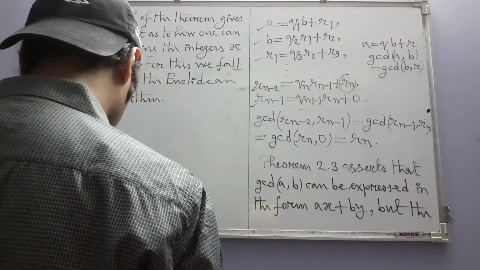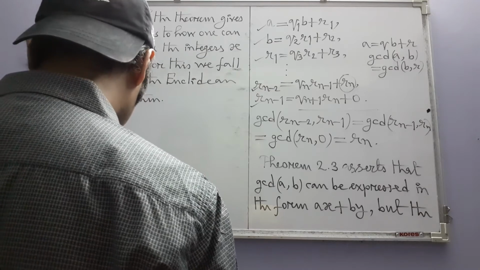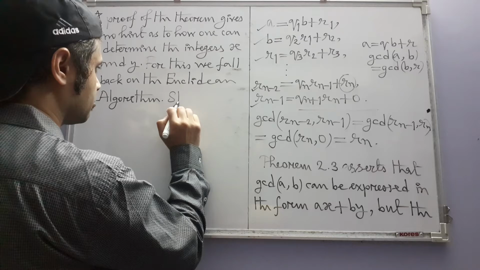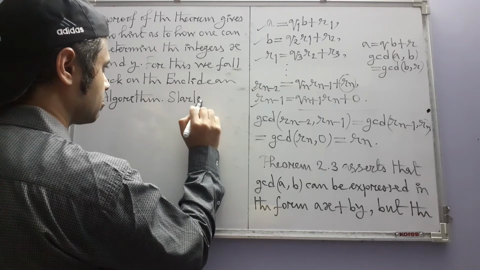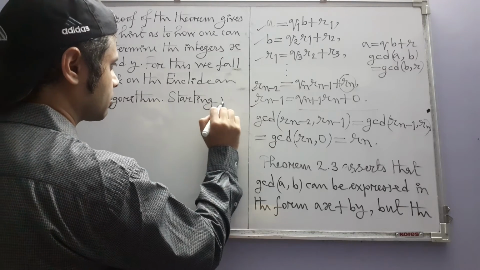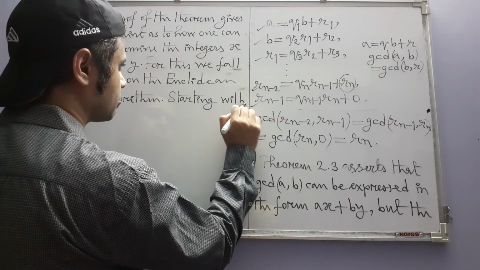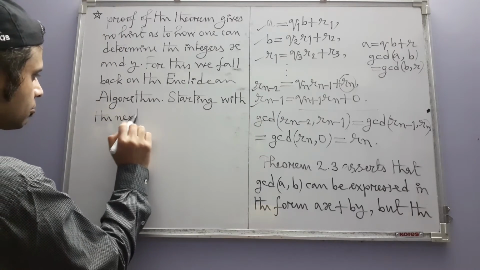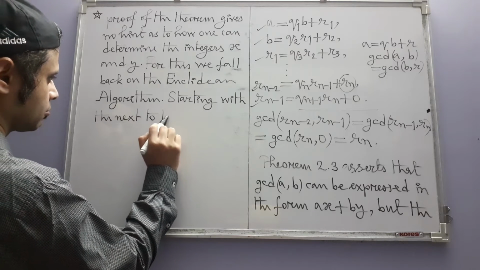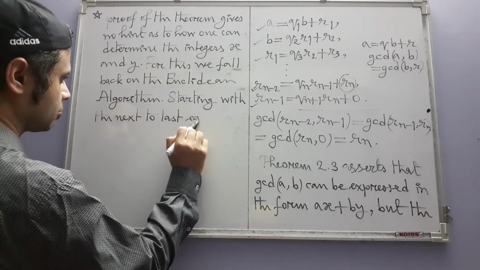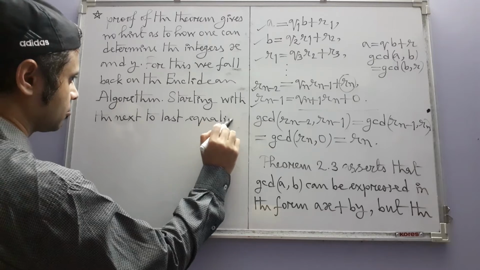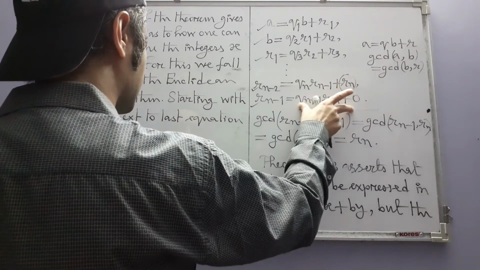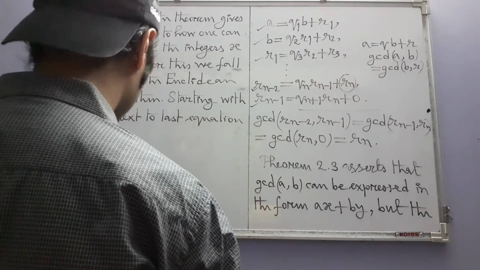Let us see what we mean by that. Starting with the next to last equation. Next to last equation means this one. This is the last equation, the one before that.